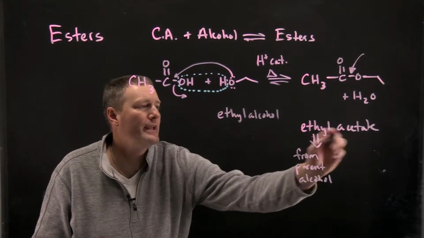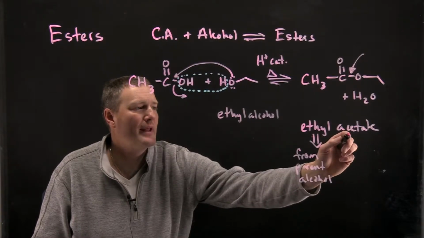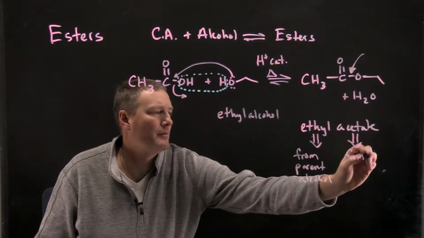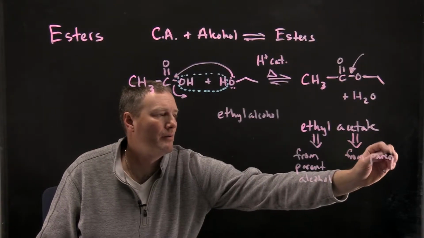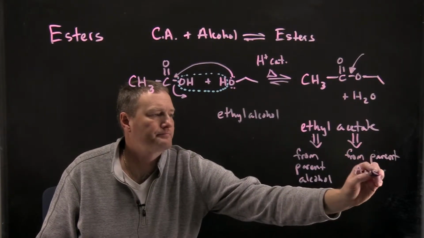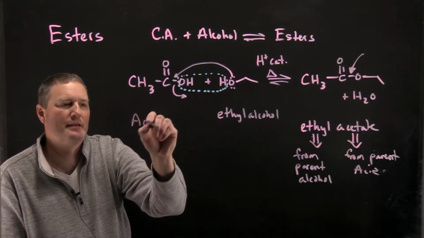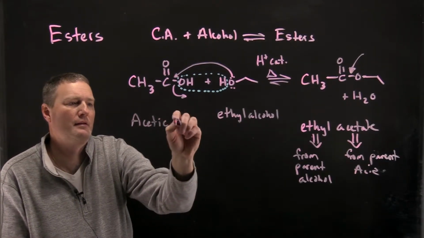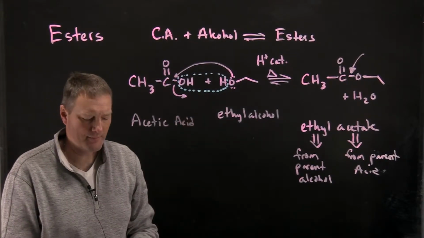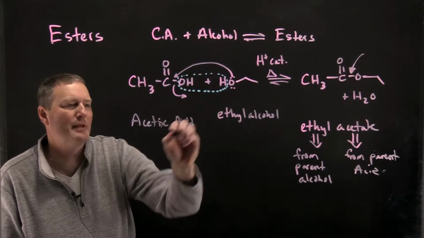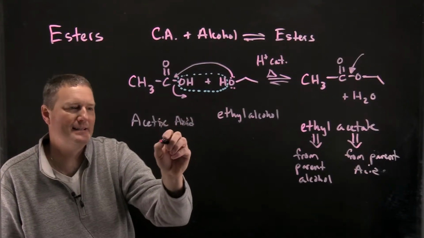Now the second part of the name is coming from the parent acid. If we go back and look at our acid, this is acetic acid. What you do is you drop off the IC acid and you tack on ate.